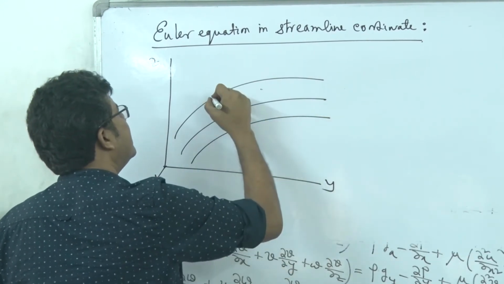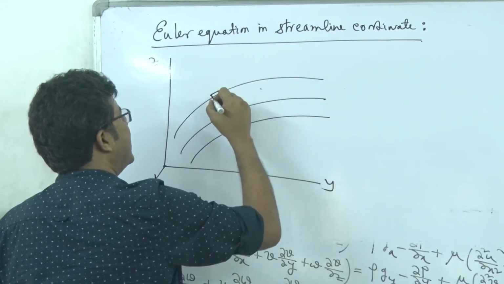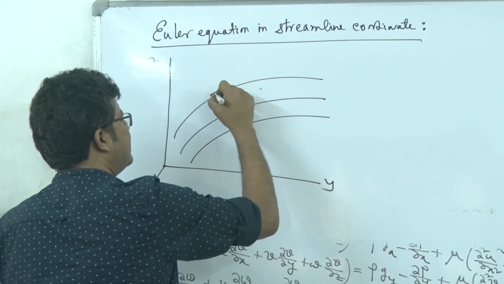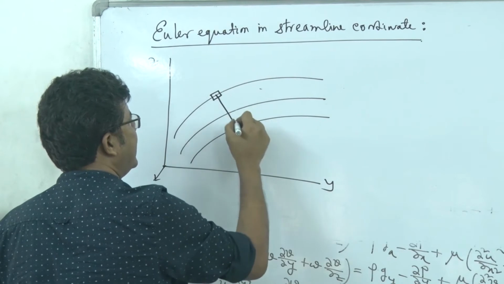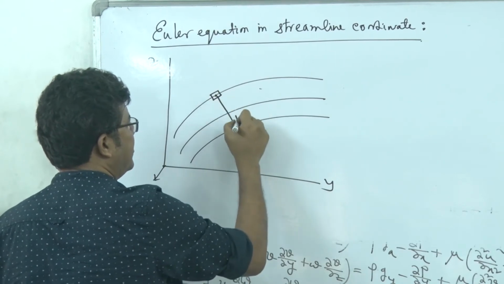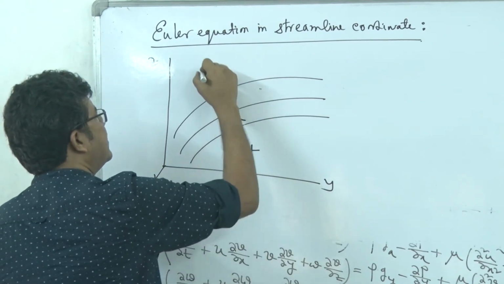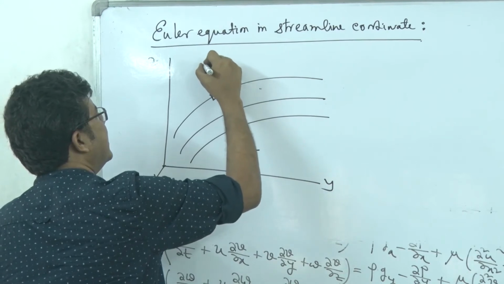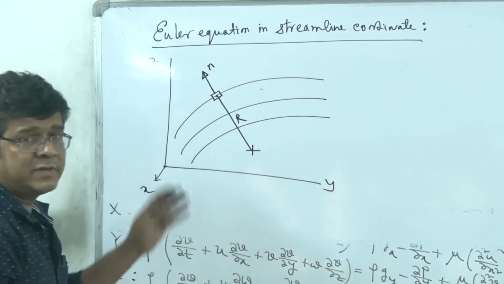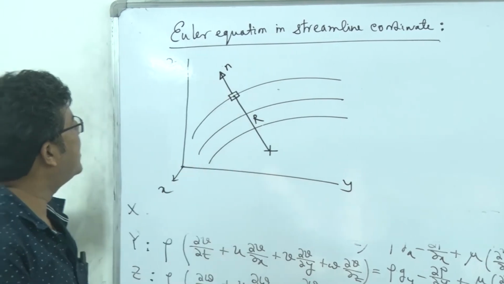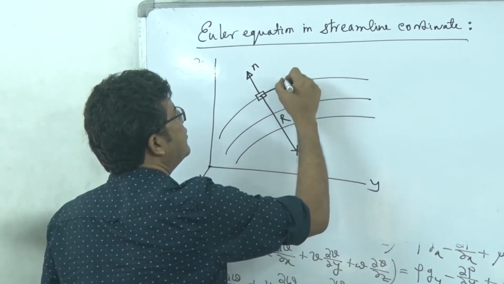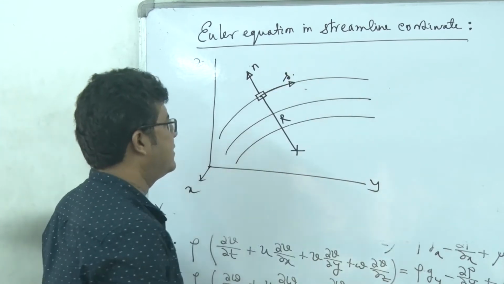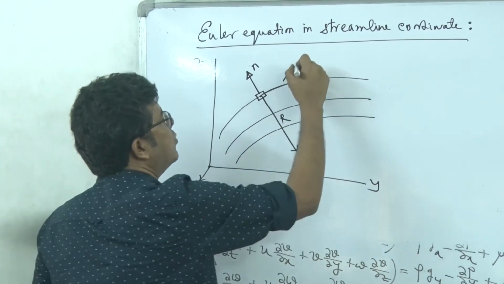Okay? And let's say this is the fluid particle, and the respective radius of curvature for this specific streamline at this point, let it be r. So this direction is a direction n, which is representing normal to the direction of streamline, and along the streamline we are using another coordinate called s, right, which is the streamline coordinate.